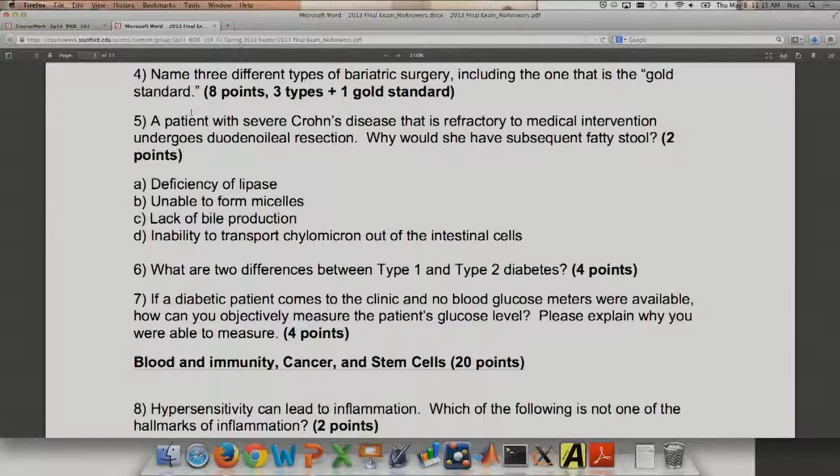Now, whatever intestinal cell is remaining should be able to transport the chylomicron. It's actually inability to form the micelles, some people say micelles, some say micelles, that is the answer for having fatty stool, because then the fat can't be coated and it gets secreted out in fatty stool. So the stool looks really oily and fatty. You can actually see the oil covering the toilet bowl water in these patients oftentimes.